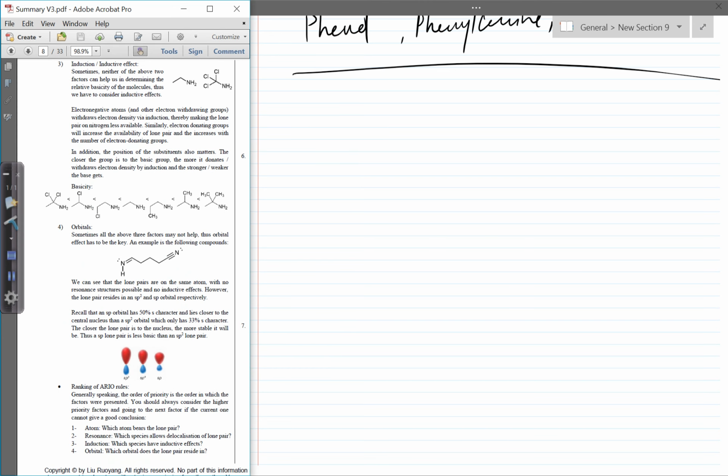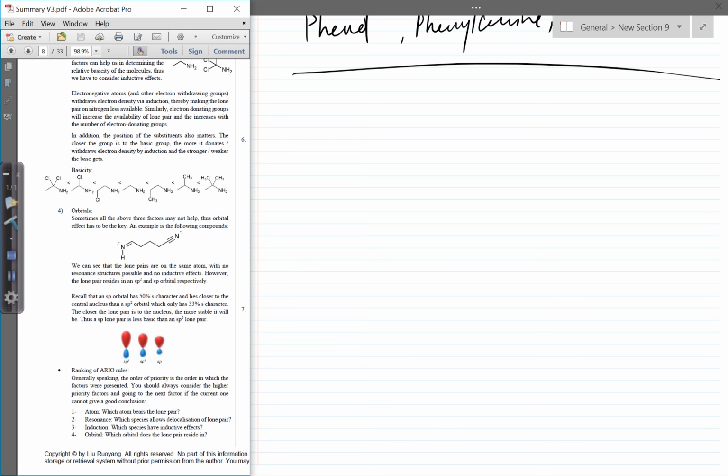For these two species here, it's quite obvious that the one on the right hand side is less basic, because there are three Cl groups, which pull the electron density away compared to the left hand side. Vice versa, if they are electron donating groups, then you will increase the electron density. Same thing, distance effect also plays a part, how far the electron donating or withdrawing groups are.